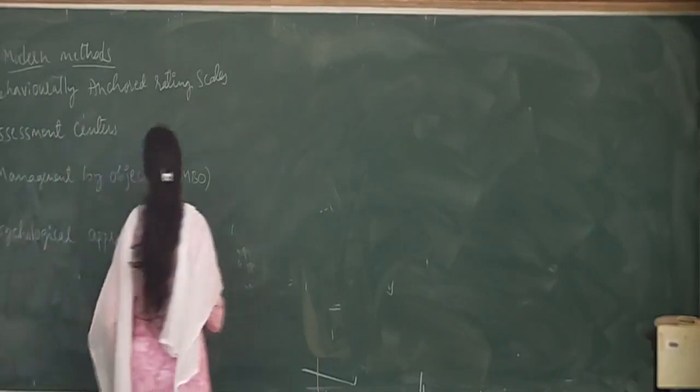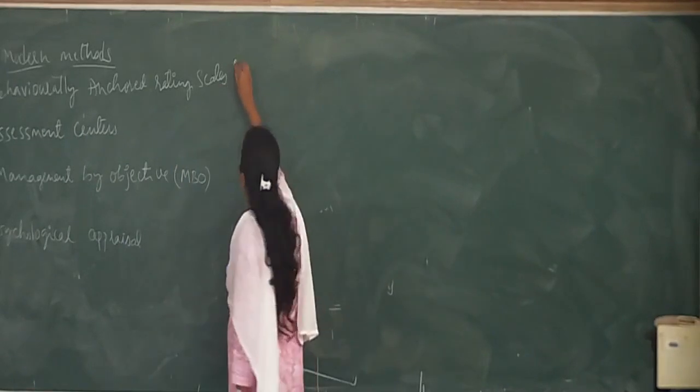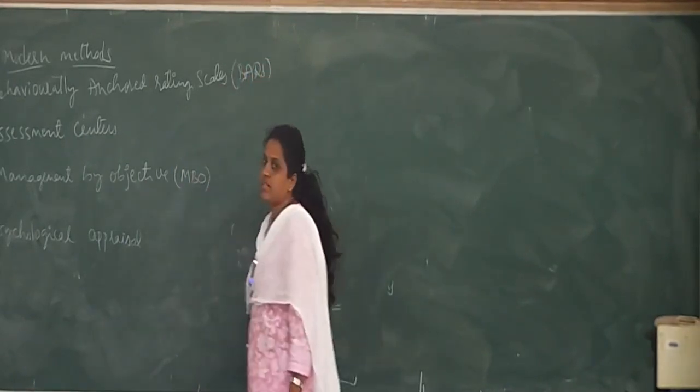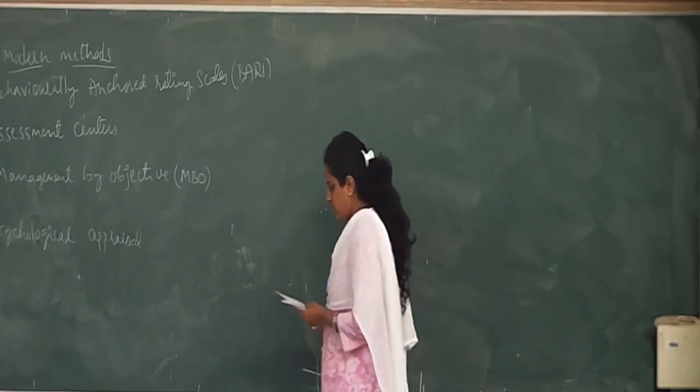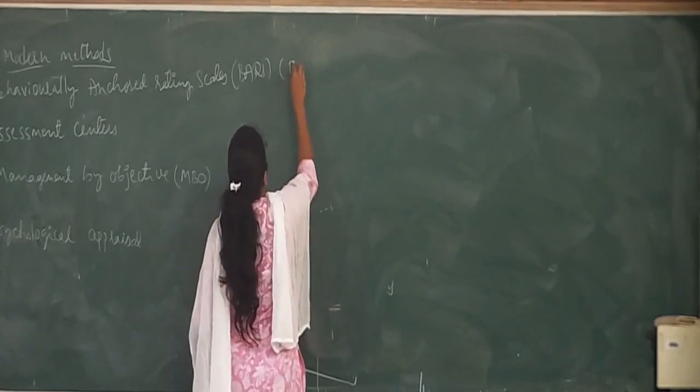The first one is behaviorally anchored rating scales. It has an abbreviation, we simply call it BARS. Okay. So it is also called behavioral expectation scales.